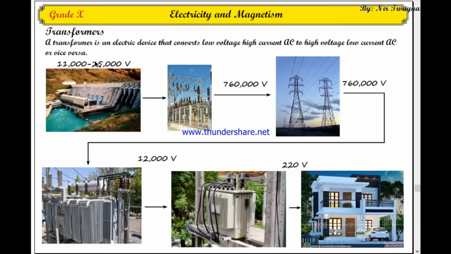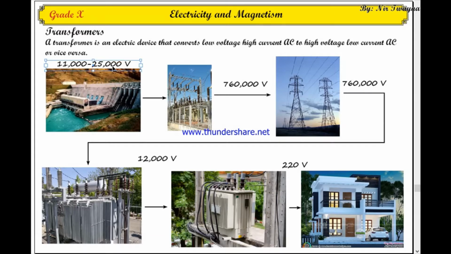Yes, in the first example we talked about increasing the voltage of current, that means conversion of low voltage high current. Remember, I is inversely proportional to V, that you studied in grade 9. So high voltage means low current, low voltage means high current.